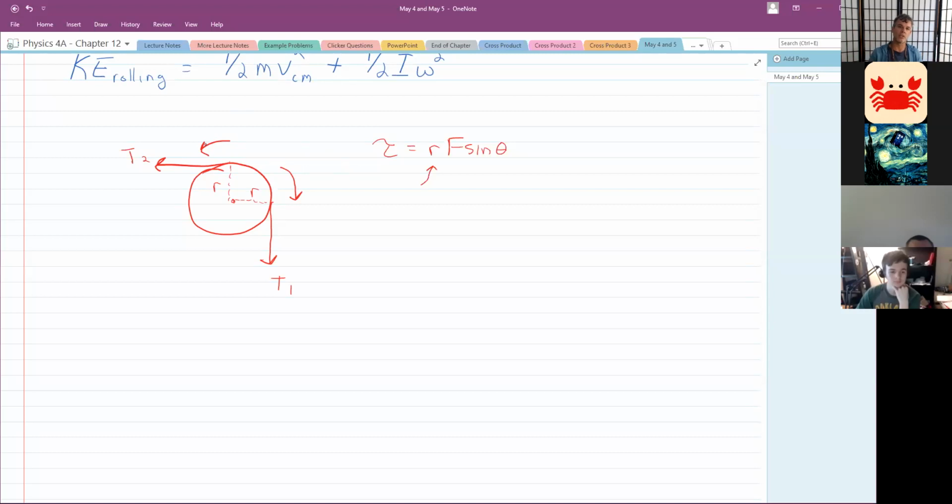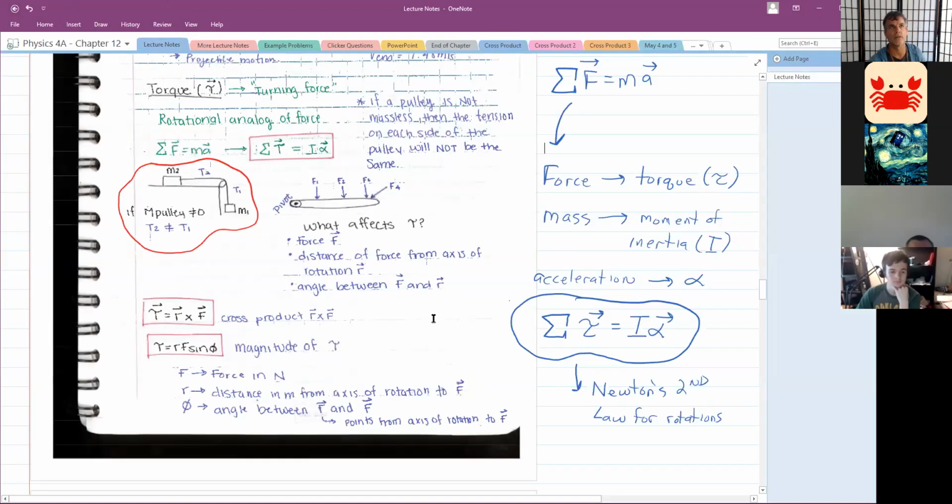The sum of the torques would be 0, and the object would not rotate. So if an object is connected by a pulley which does have mass, the tension on each side of the rope is not going to be the same. T1 and T2 are not going to be the same. Okay, I just wanted to throw that out there. We're going to talk about that on Thursday. Or what's today? Geez, I'm losing track of days. Today's Monday. We'll talk about that on Tuesday.